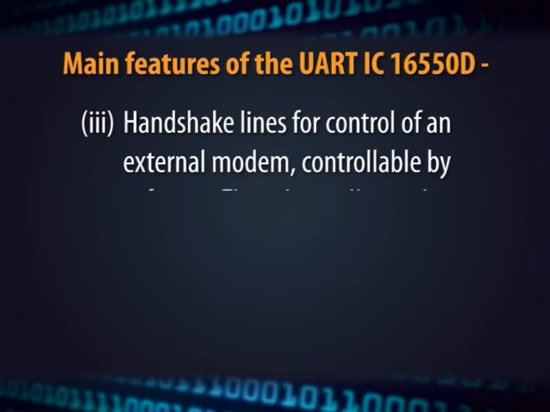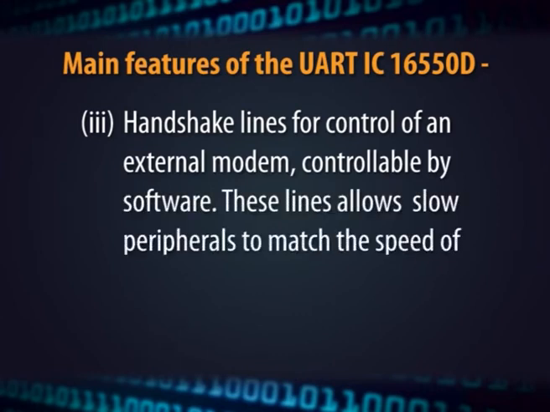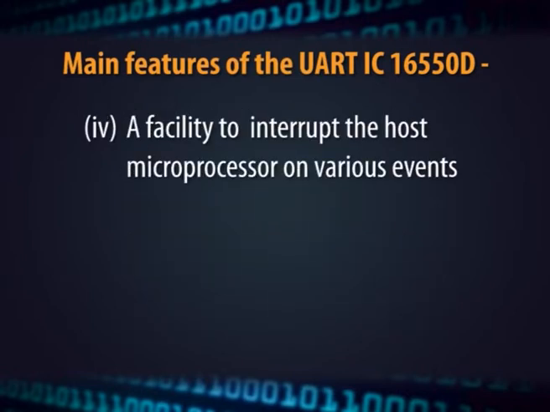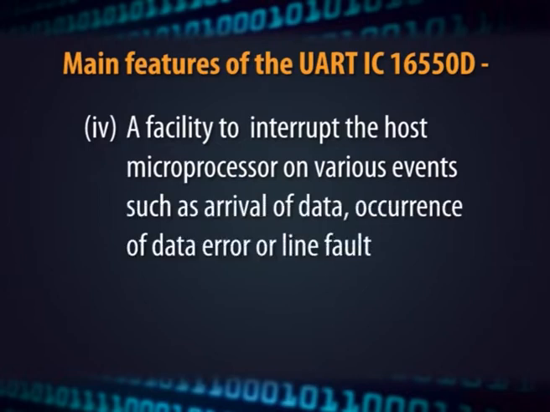Handshake lines for control of an external modem, controllable by software. These lines allow slow peripherals to match the speed of a high-speed computer by pausing between successive byte transfers. 4. A facility to interrupt the host microprocessor on various events such as arrival of data, occurrence of a data error, or line fault.